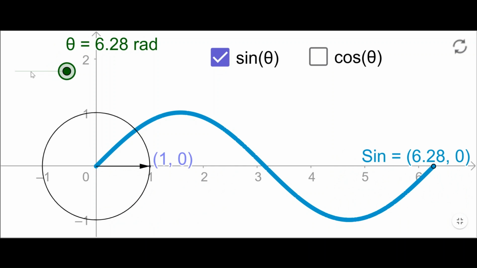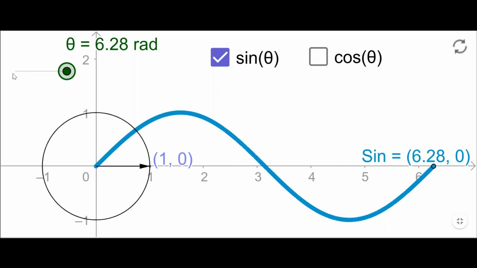As we rotate around the circle, this picture almost looks like we're unrolling. It's technically not what we're doing, but it looks like you're almost unrolling the sine function, so we're unraveling it a little bit, so to speak. The top half of that sine graph corresponds to the top half of the unit circle. The bottom half of the sine graph corresponds to the bottom half of the circle.